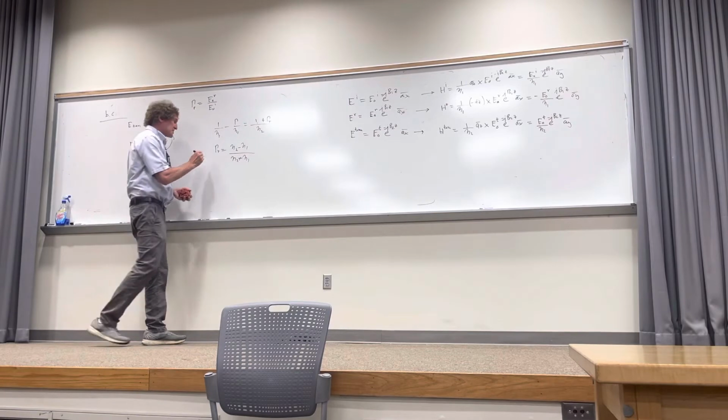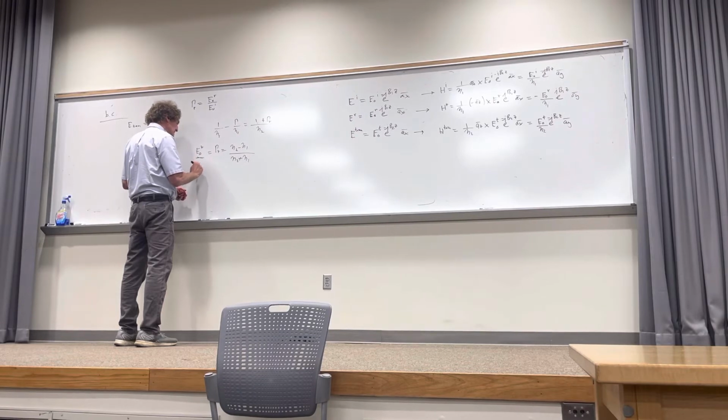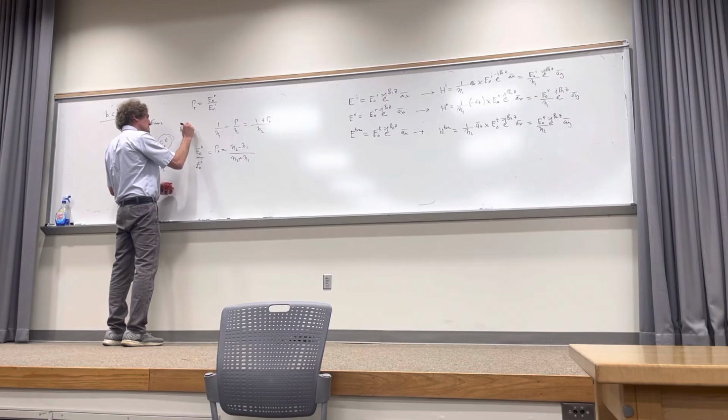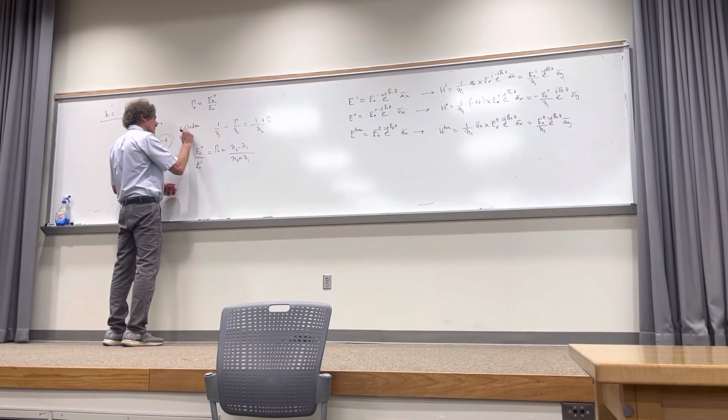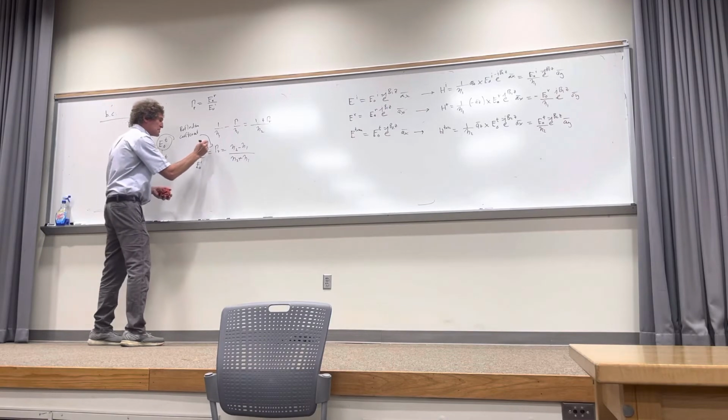And that is E naught reflected, magnitude-wise, over E naught incident. This is called the reflection coefficient, the voltage reflection coefficient.